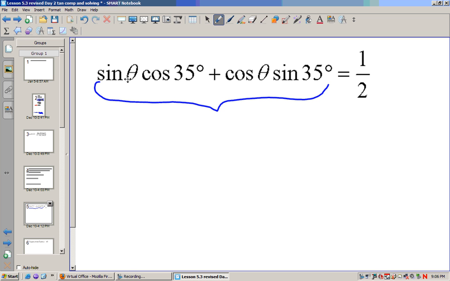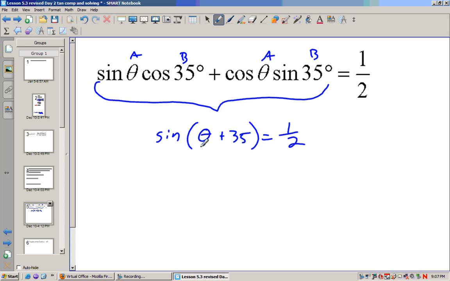We can't solve this if we have a sine and a cosine, but if we consider this an a and a b, this is the same thing as sine of a plus b, which is theta plus 35. So this whole left side is reduced to sine of theta plus 35 is equal to 1/2.